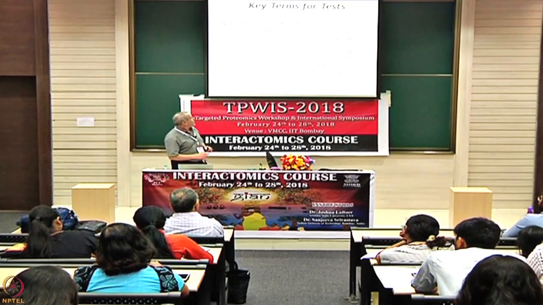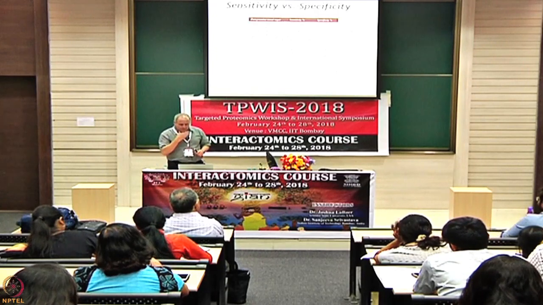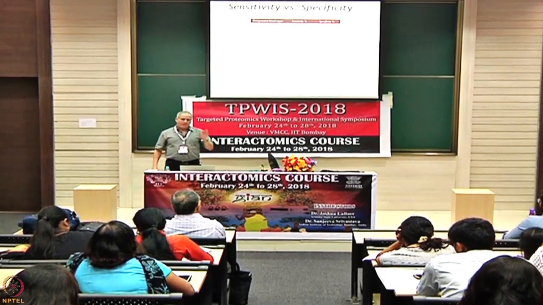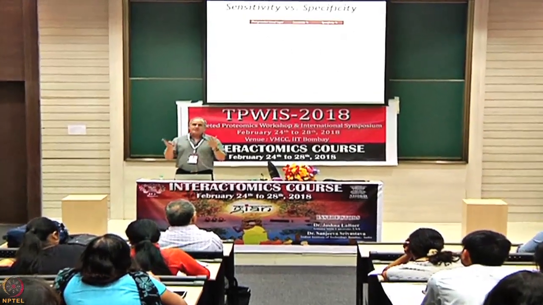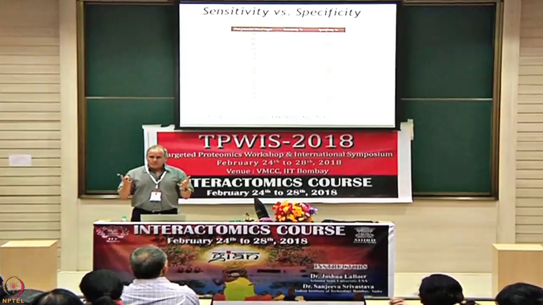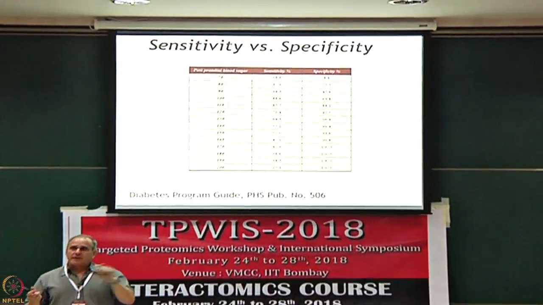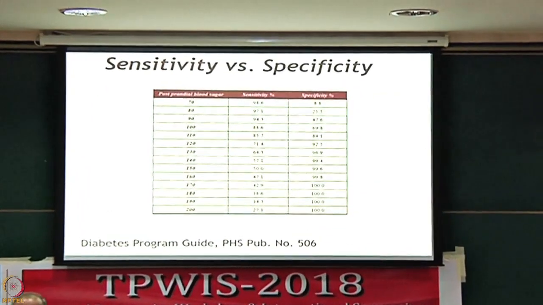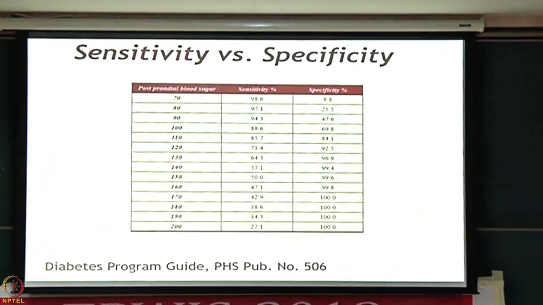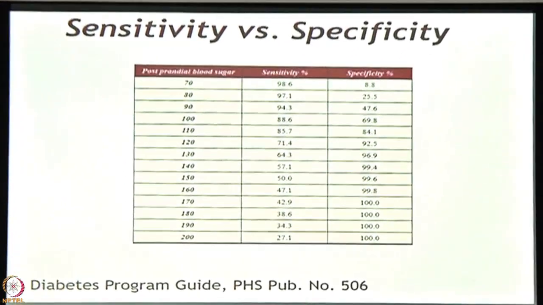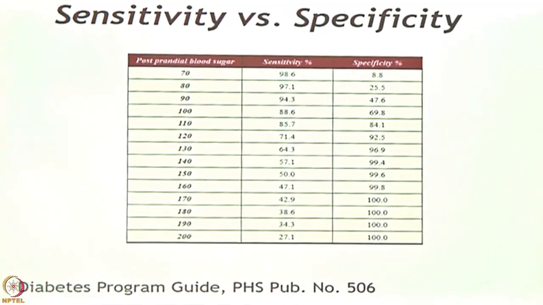Okay, so now I'm going to show you a little bit about it. It turns out sensitivity and specificity in many cases work against each other. Because typically what happens is you have a test for a particular molecule or a typical biomarker, you set a threshold value and you say if it's above this value, I'm going to say it's positive.